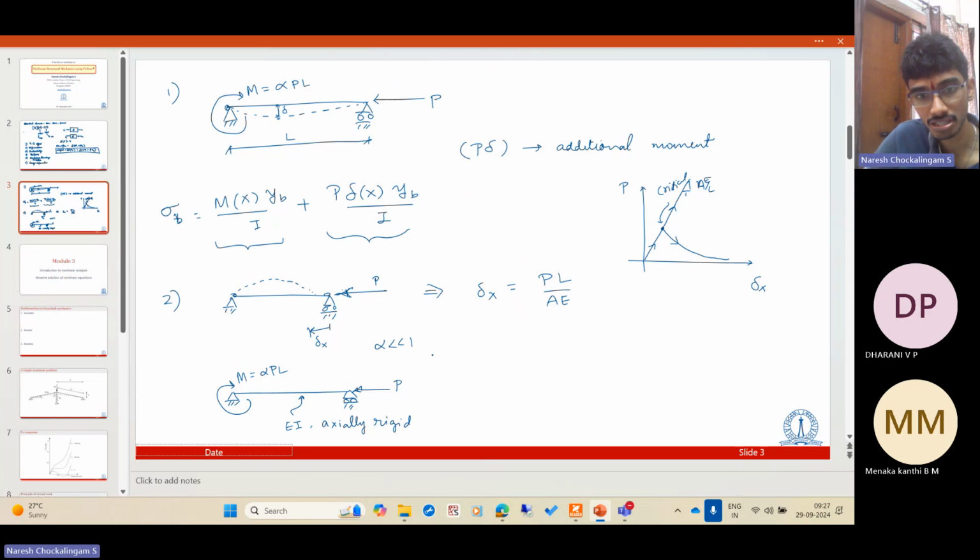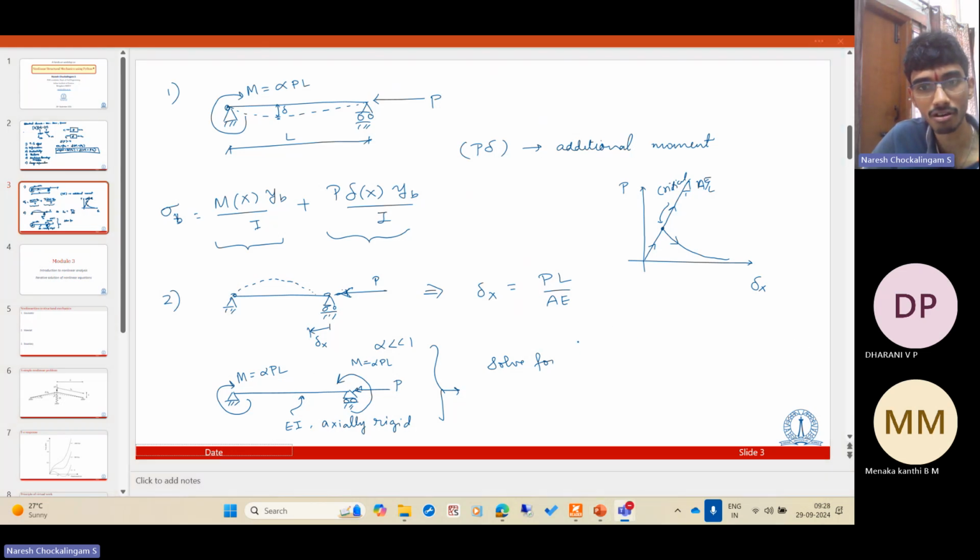So under these conditions, solve for it. In case you want symmetry, apply another equal moment, M equal to alpha PL, on this side also, so that the beam bends in a symmetric manner, and the maximum lateral displacement is at the middle of the span.